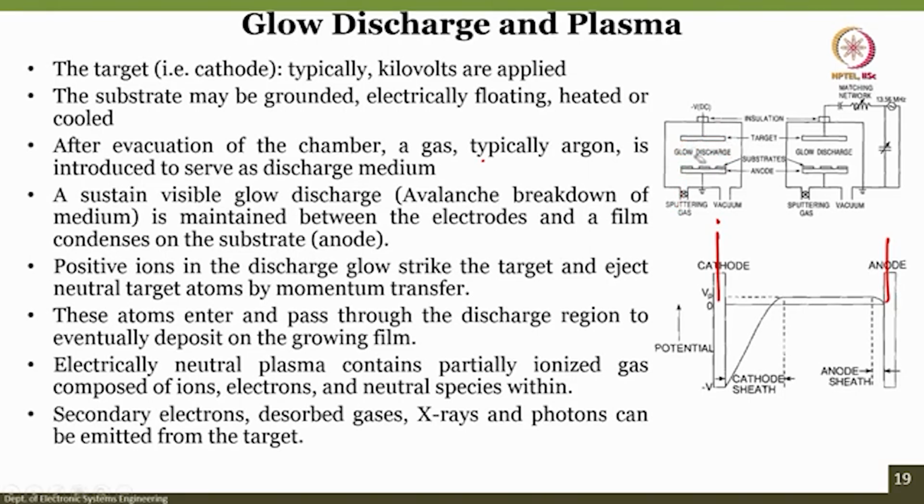The neutral target atoms will start dislodging, and they will form the layers on the substrate. That is what it means. Discharge glow strikes the target, ejects neutral target atoms by momentum transfer, and these pass through the discharge region to deposit the film on the substrate.